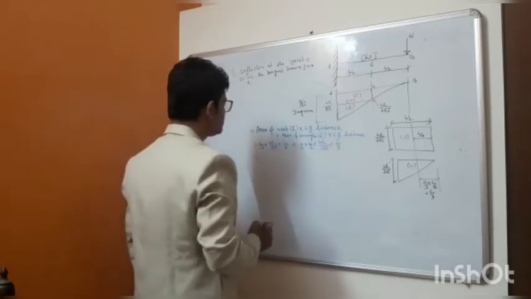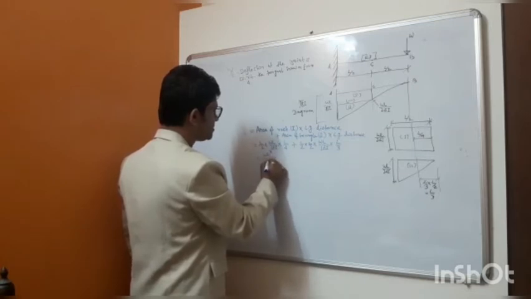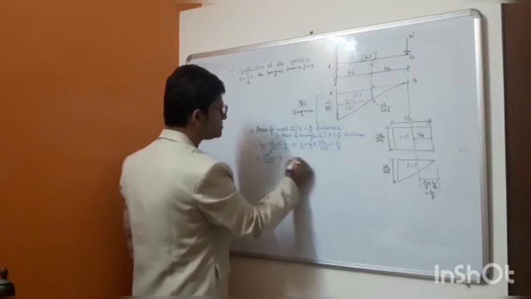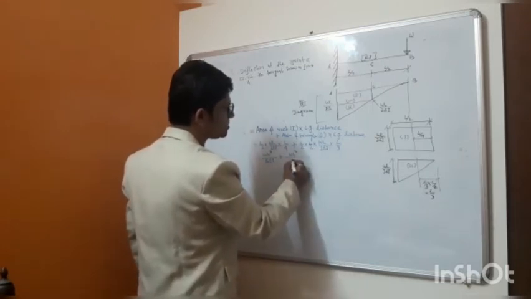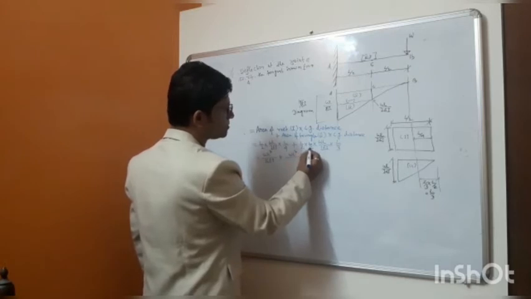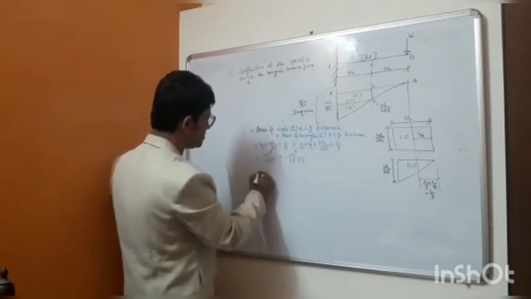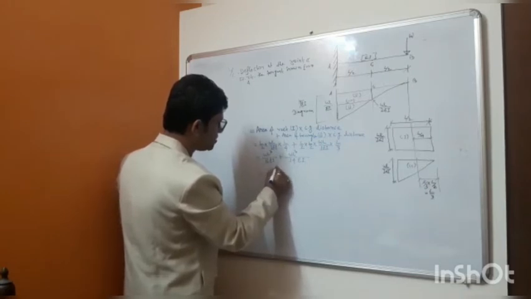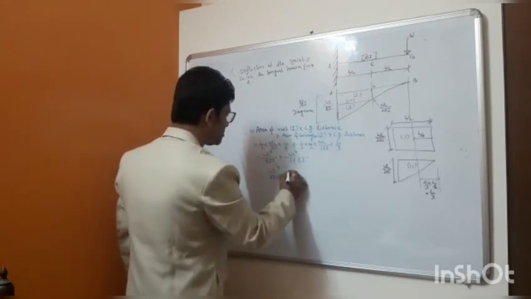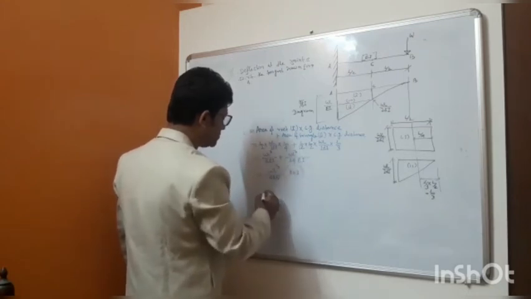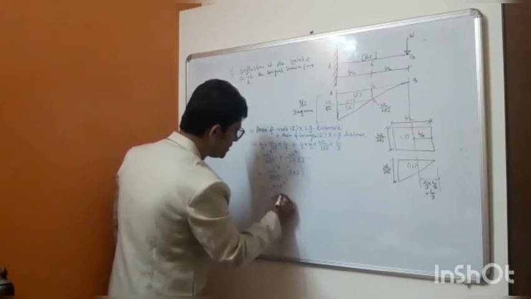This is equal to WL cube by 16 EI plus WL cube by 48 EI, which is equal to 3 plus 2, which is equal to 5 WL cube by 48 EI.